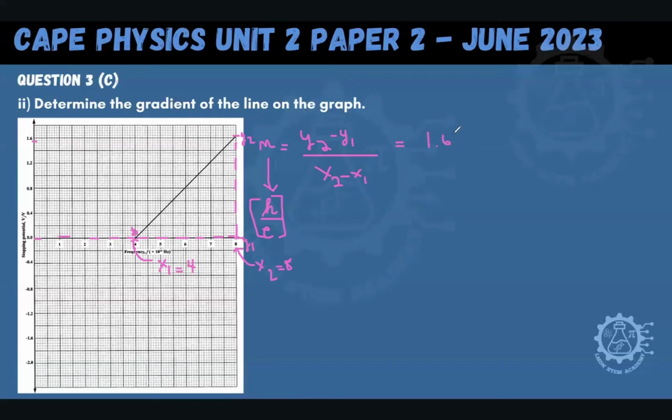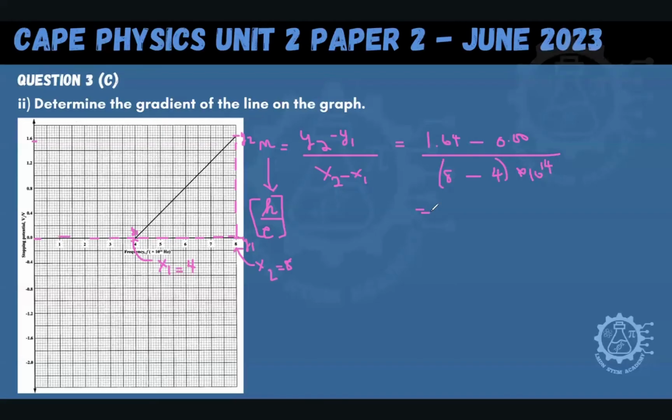So that's 1.64 minus y1, which we said we're taking as 0, divided by my x2, the x value corresponding to my y2, which is 8, minus my x1, the value corresponding to my y1, which is 4. And remember now that this is all times 10 to the 14. That's what the label on the graph told us.